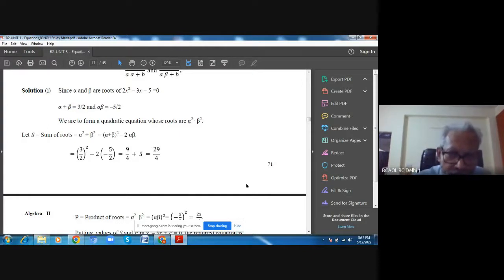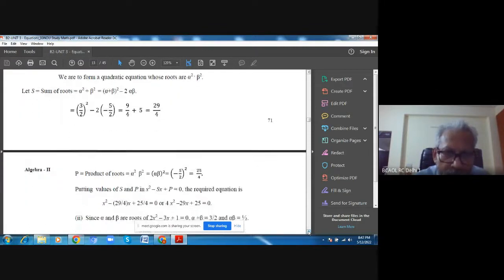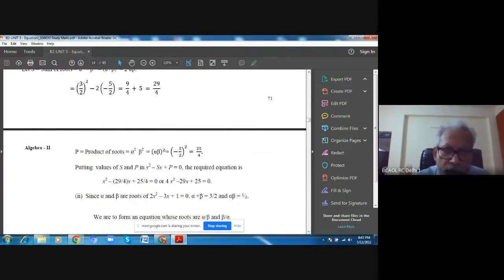Then see what they did. Finally they found the value, put it in, and this is the equation. So this is the way you can find it. This is also easy, no problem.